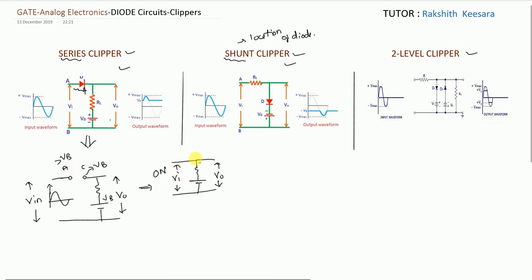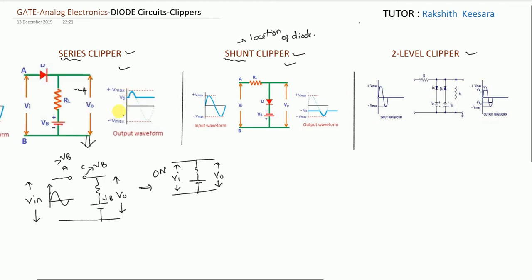If diode is in on condition, see output voltage, input voltage, they both are in parallel. So output voltage will be equal to input voltage. If you see the graph here, is it appearing? See, at starting positive voltage is applied across the diode. So input voltage started increasing.